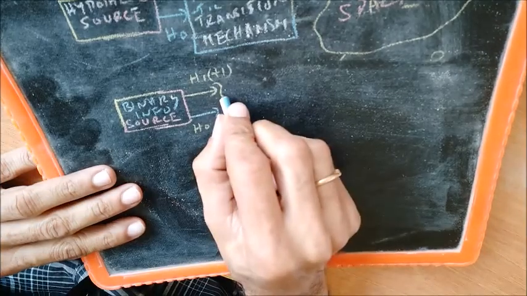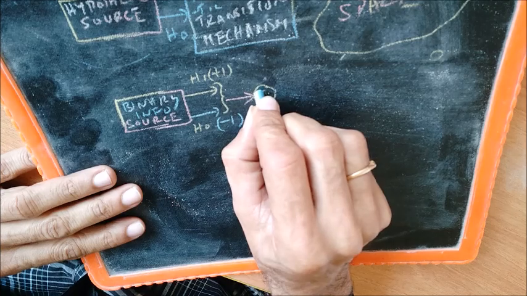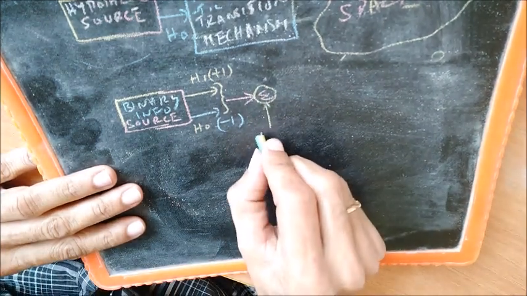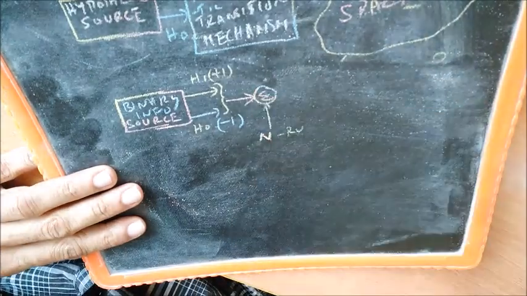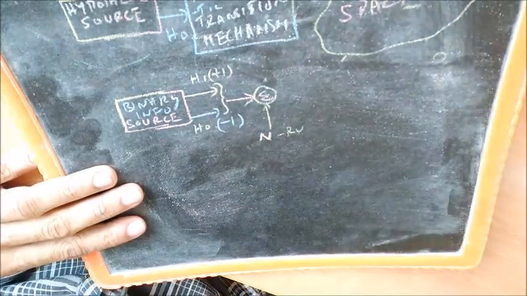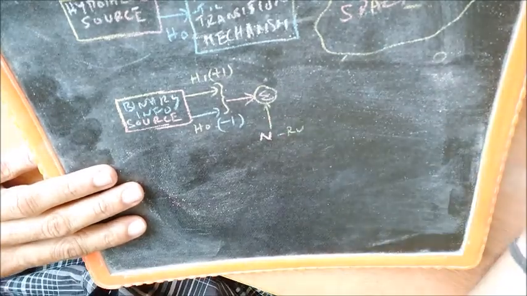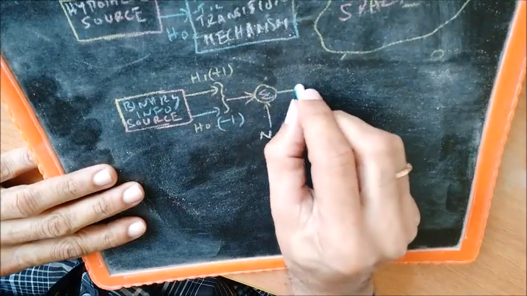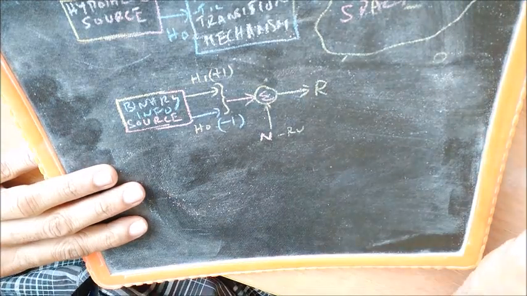And this passes through a channel wherein noise gets added. N is the noise random variable which gets added to whatever was transmitted. So if +1 was transmitted, hypothesis H1, noise gets added to that. If it is -1, noise gets added to that, and you end up getting R, the received random variable.